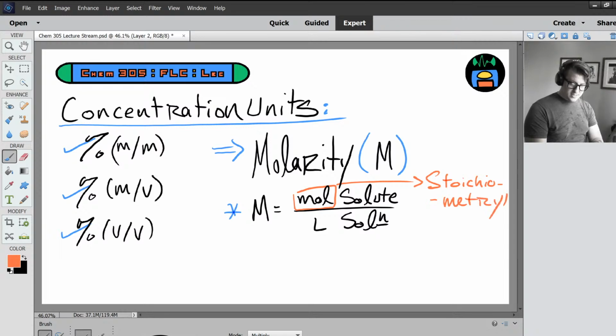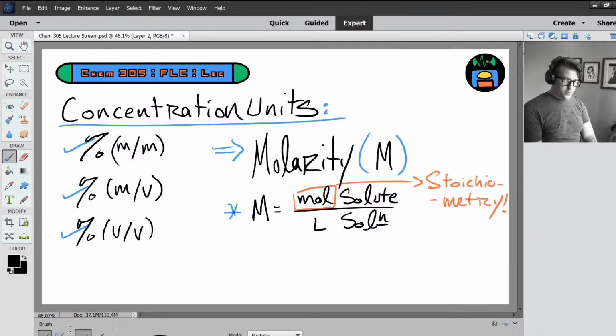So this links all the concentration concepts we've been talking about to all of the stoichiometric calculations, percent yields, all that stuff that we have been learning up to this point. All right, it's pretty darn cool. Something you should know.